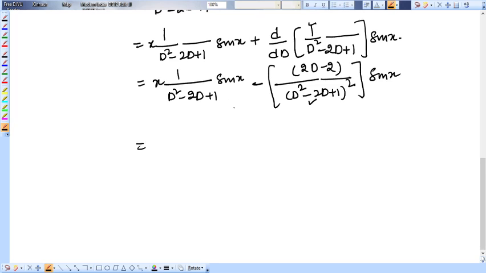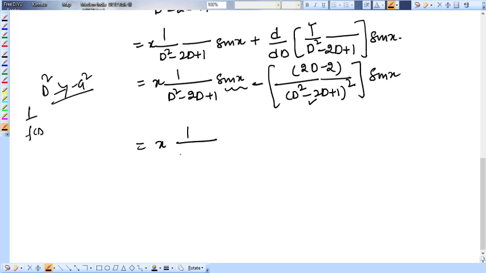Now we can apply rule 2, when you have sin x inside the inverse operator, we have to replace D square by minus a square. So here we replace D square by minus 1 square, which is minus 1.